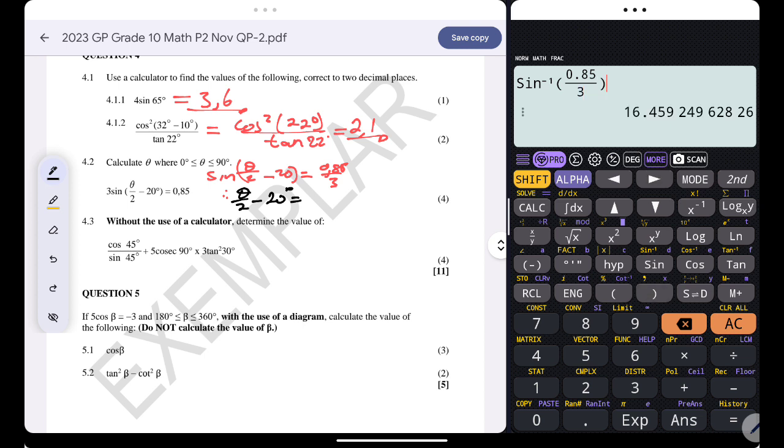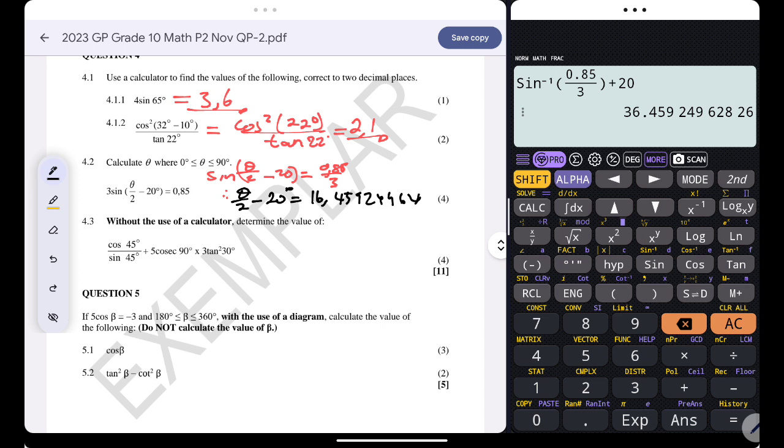This will give me 16.4559249628. Okay, and then whenever I take the 20 to the other side, I just need to say plus 20. Then I'll get 36.